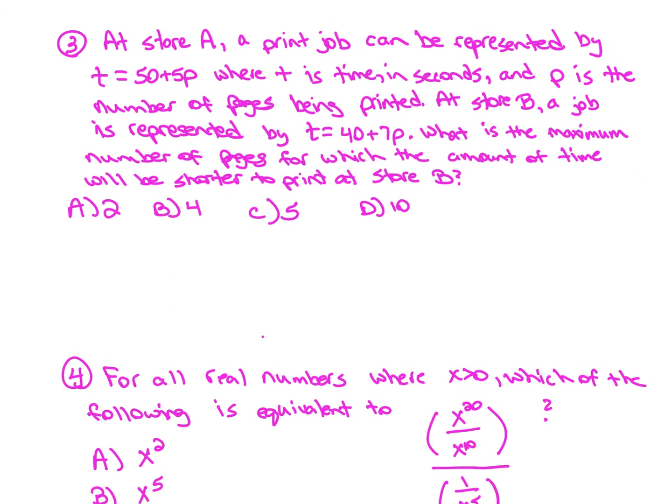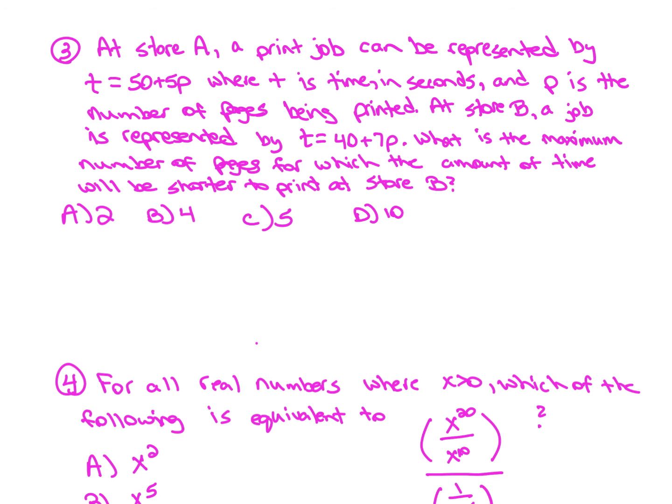Next, for number 3, this one says at store A, a print job can be represented by T equals 50 plus 5p. T is time in seconds, p is the number of pages being printed. At store B, a job is represented by T equals 40 plus 7p. What is the maximum number of pages for which the amount of time will be shorter to print at store B?